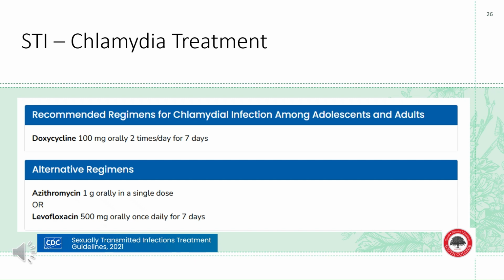The information on chlamydia treatment is coming from the CDC website directly. It's a screenshot. Treating persons with chlamydia prevents adverse reproductive health complications and continued transmission of the disease, so it's important to treat. Treating sexual partners can prevent reinfection and also infection of other people.